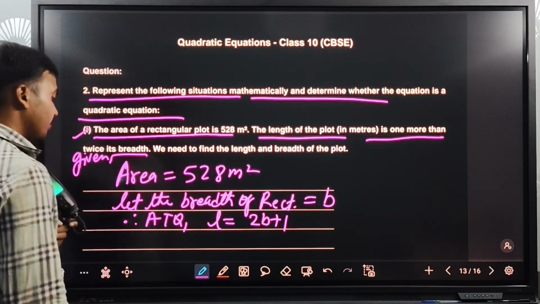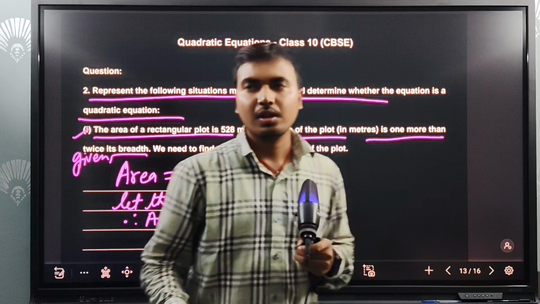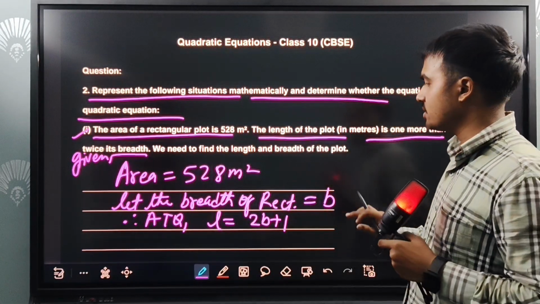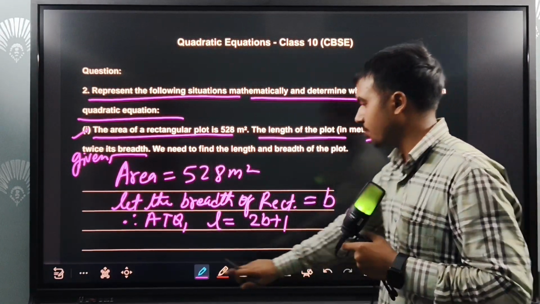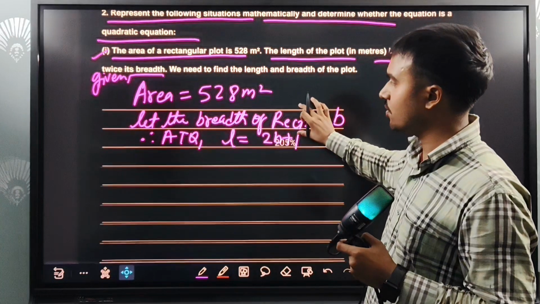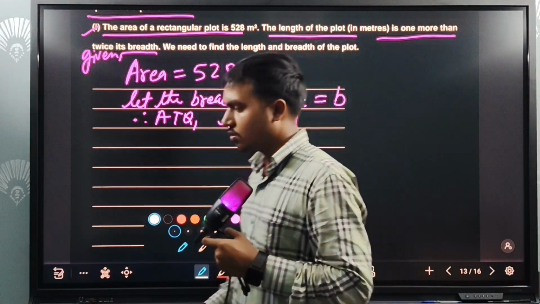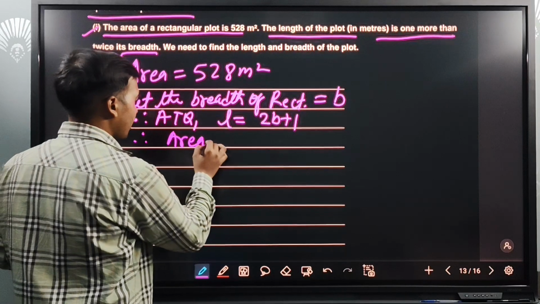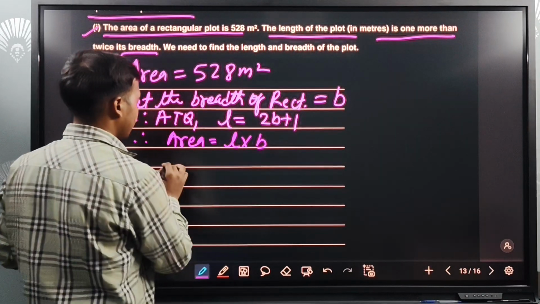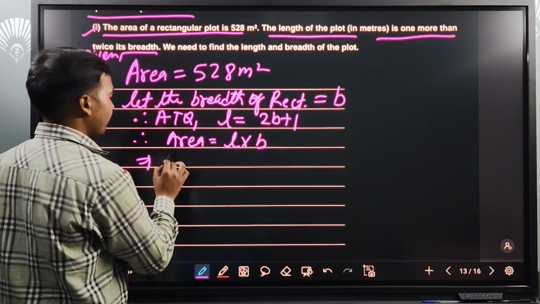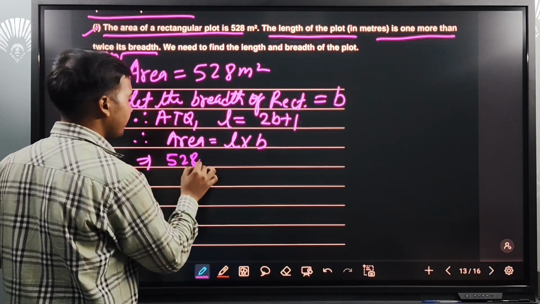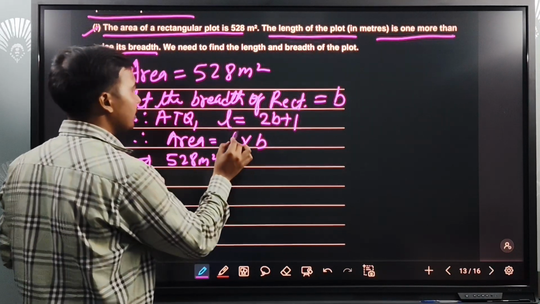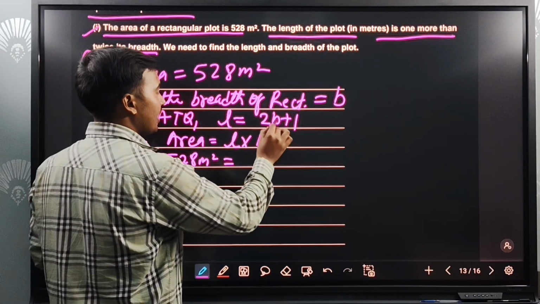We know that the area of a rectangle is length into breadth. So we will put in the values and solve the question now. Area is given by 528 meter square is equal to length into breadth.